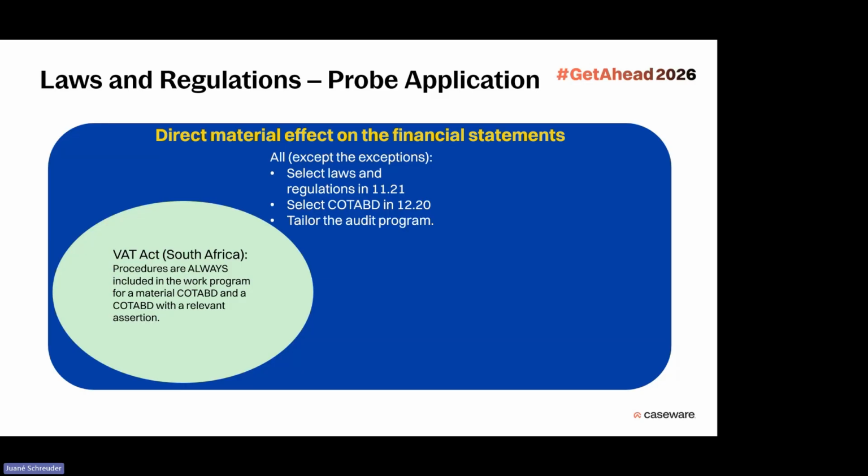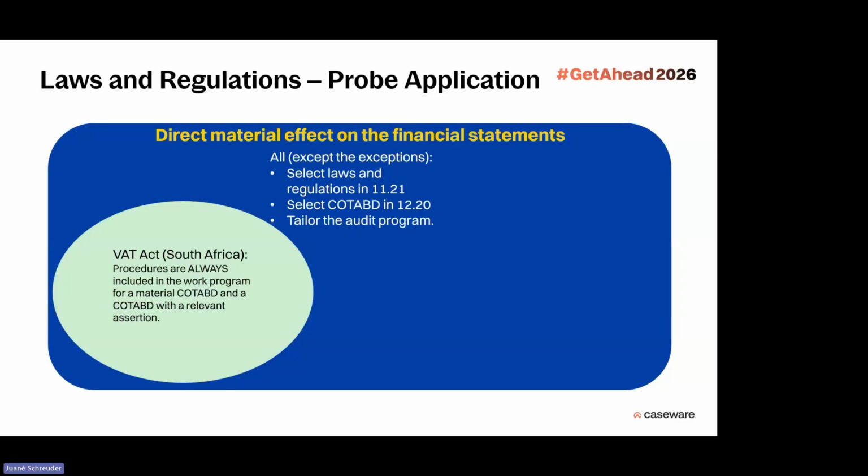Okay, so in any of those cases, whenever we have a work program activated for an assertion, whether it's a risk or a selected assertion, there will be procedures for compliance with the VAT Act for those ones. Okay, automatically. So let's say we've got sales, there is a risk for, I don't know, completeness of sales or whatever the case may be. Because that work program is activated, you will already have the relevant VAT procedures included in there.